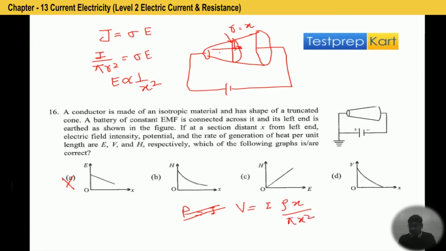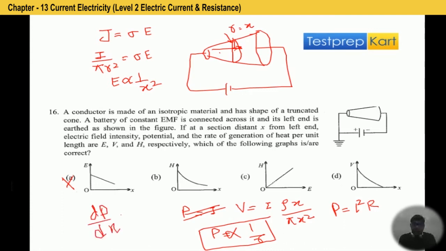And power is equal to I square into R. So at any point, power is also proportional to 1 over X. And heat is dP over dx.